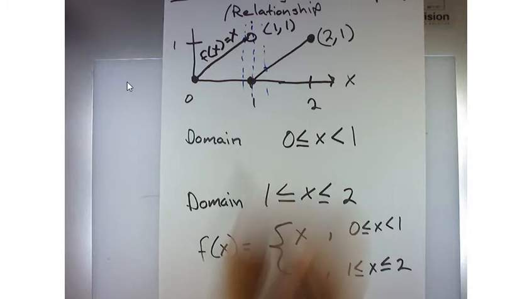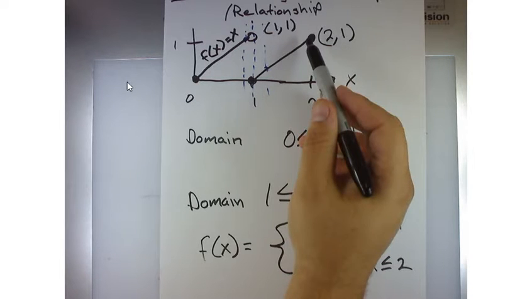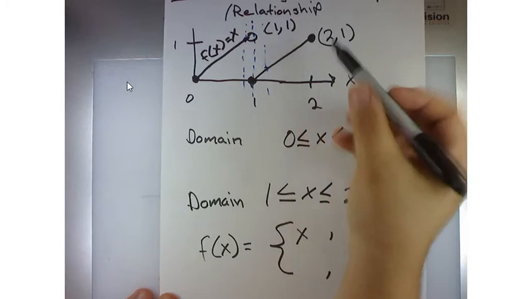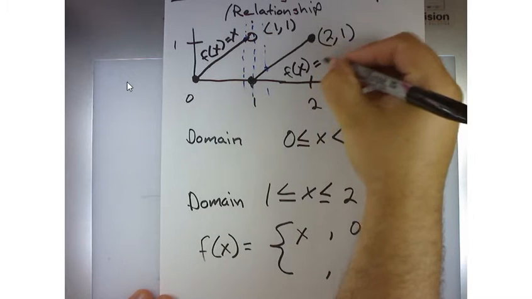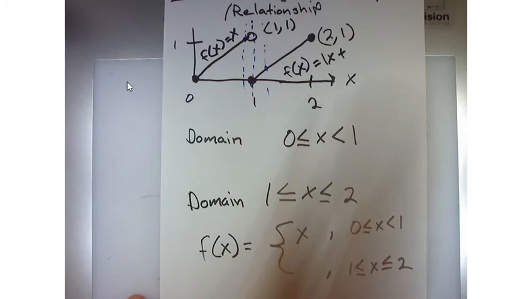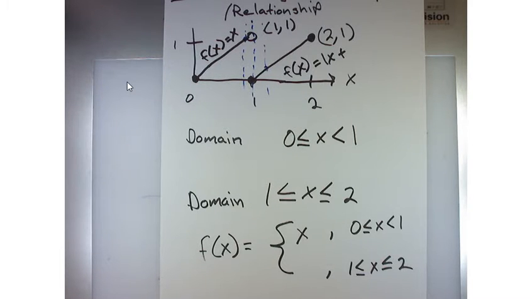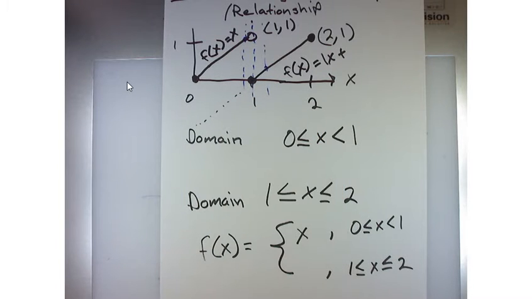Now here's the tricky one. What is the slope of this function? So we have f of x is equal to 1x, but what would the y-intercept be? There isn't one. Well, if we were to extend that, where would it cross at? Take a guess.